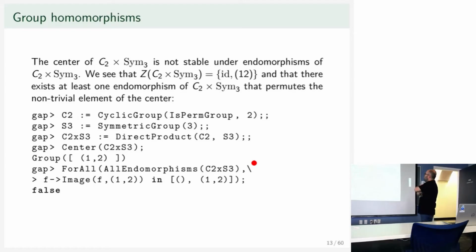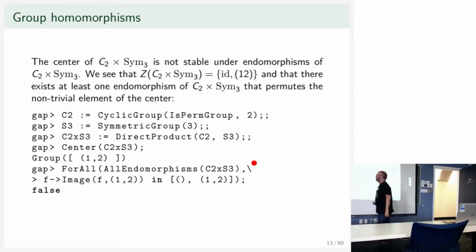Here is another example. What I'm going to test, again, is an elementary exercise in group theory. I want to compute the center of this product, the cyclic group of size 2 times the symmetric group S3, and I will test that this group is not stable under endomorphisms of this group.